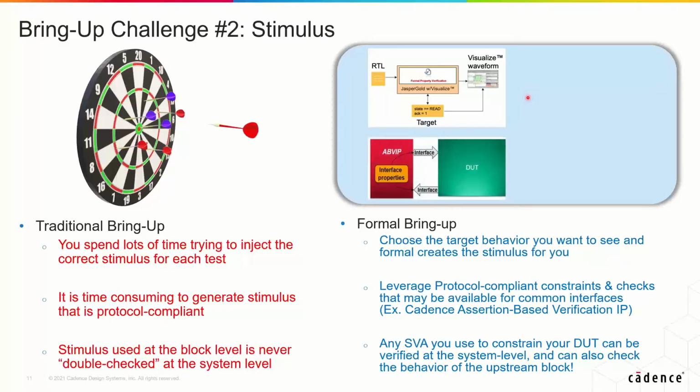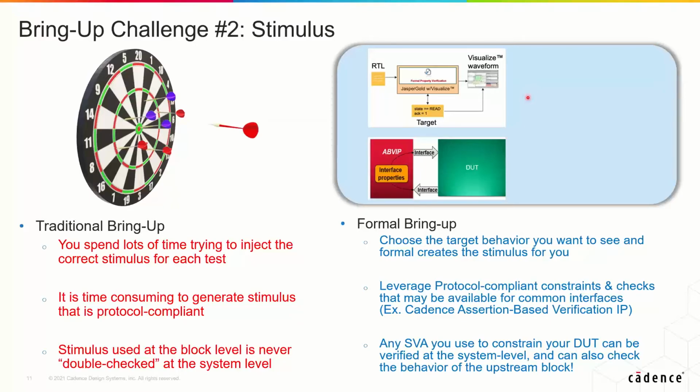You can leverage protocol compliant constraints and checks, which might be available from previous blocks, right? Blocks that were interfacing with your DUT, or IPs that you can take off the shelf, like the Cadence ABVIPs.